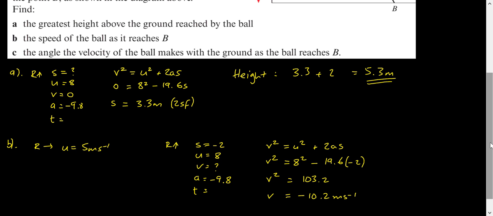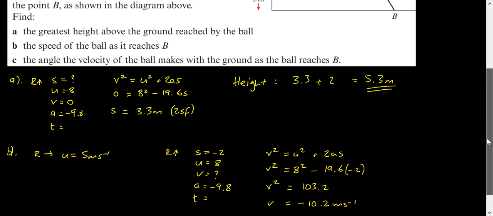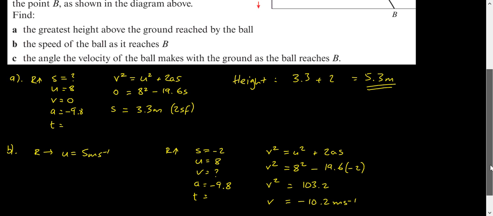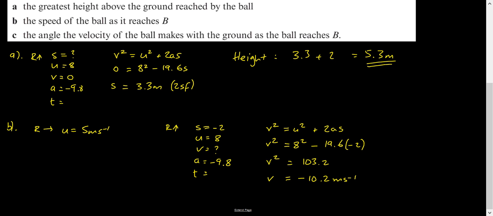And the reason for that is because I know at this point B, the velocity is negative. When we square root the 103.2, we have the option of using plus or minus. We're going to use minus simply because it's traveling down towards B. Okay, so now we have our two velocities. We need to think of this as a right-angled triangle. That's the speed, the combined velocity from the two. We've got the horizontal velocity and the vertical velocity.